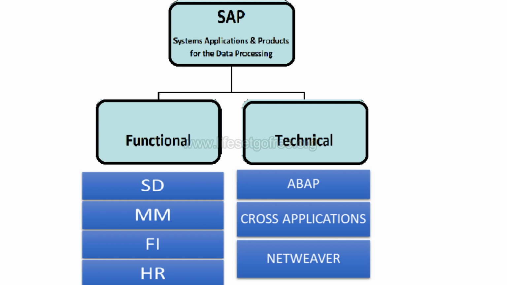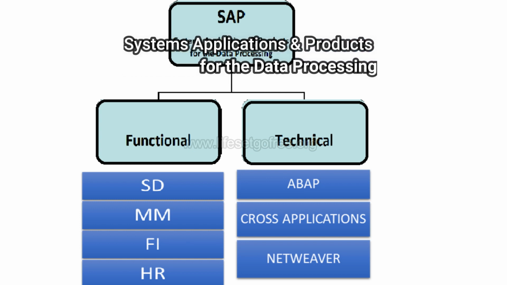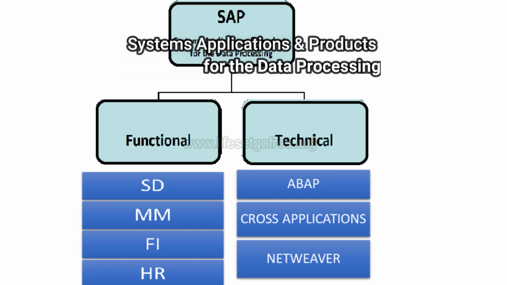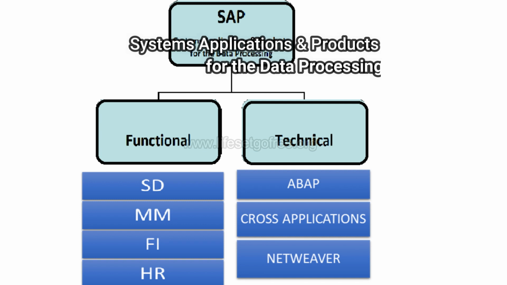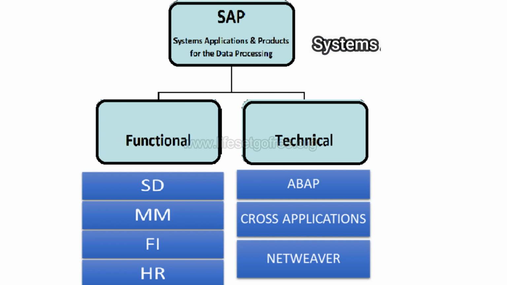So coming to SAP, it is known as Systems, Applications and Products for data processing. If you see this SAP, we can divide it into two parts: one is the functional part and the other one is the technical part.